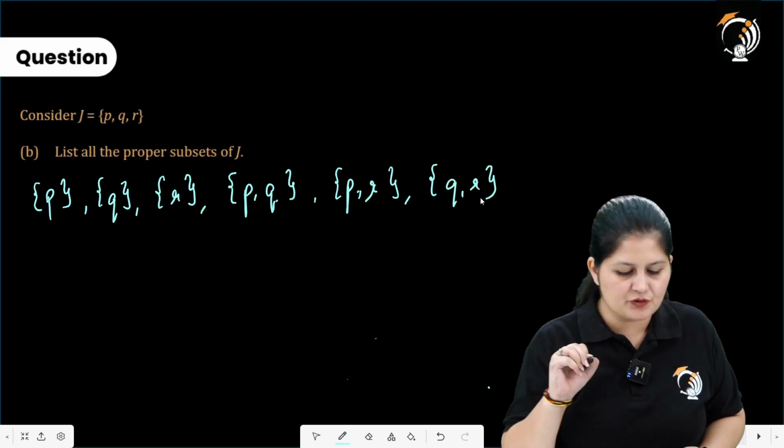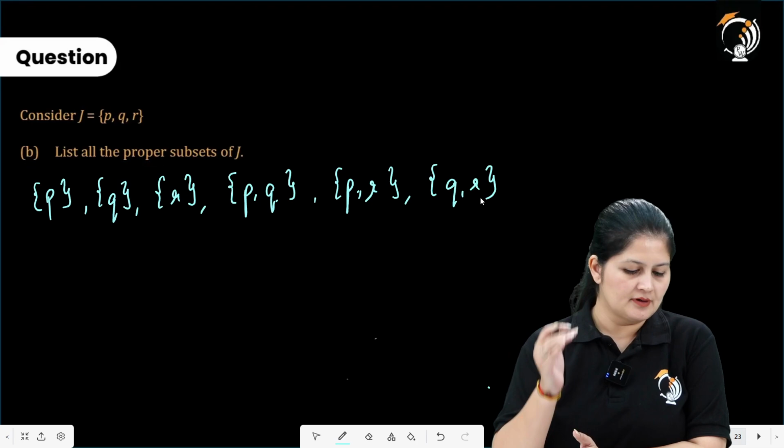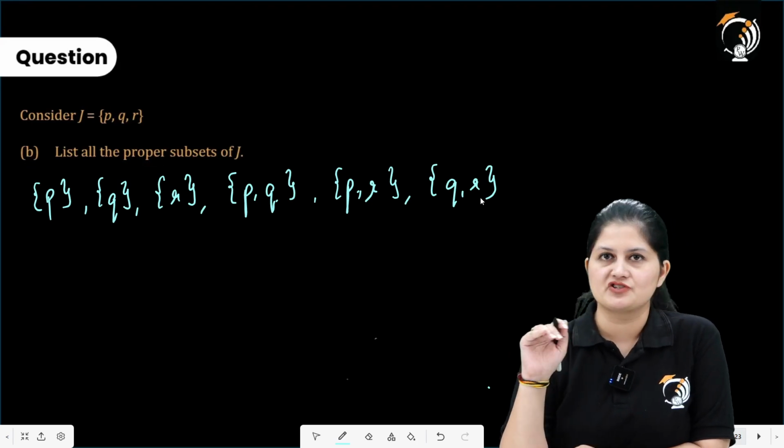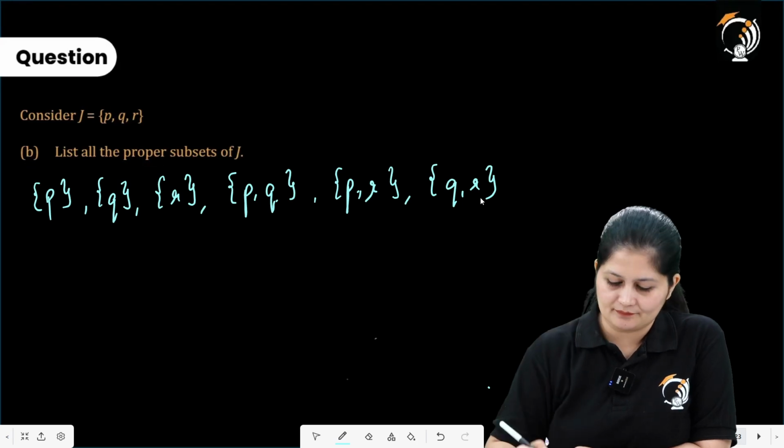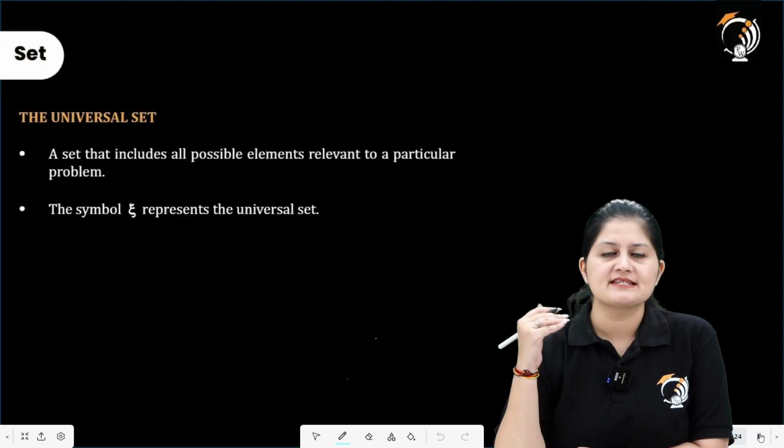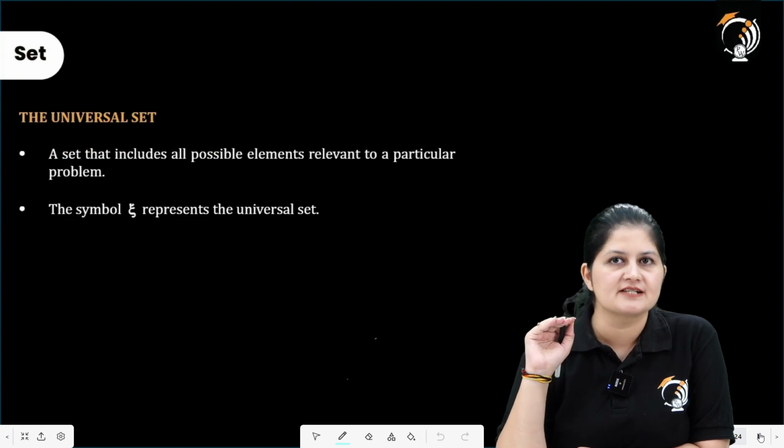So these are going to be the proper subsets of J. Is that clear? Moving to the next important concept, which is the universal set.